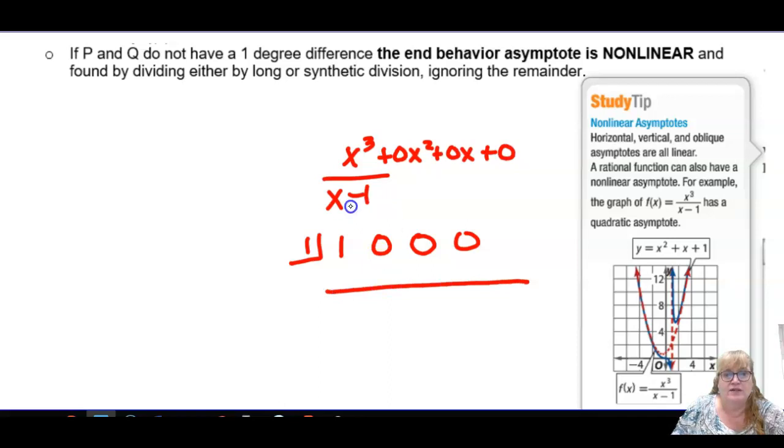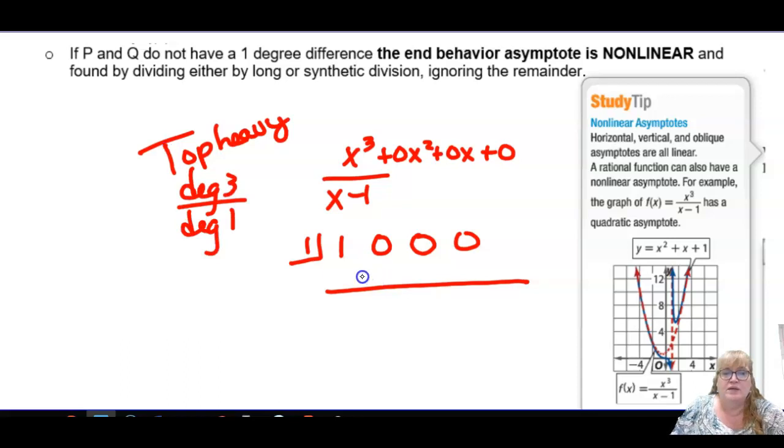So if I do synthetic division to see this is top heavy, because it is a degree 3 over degree 1, when I bring this down, multiply, add, multiply, add, multiply, add, okay? You get to throw the remainder away, gone.